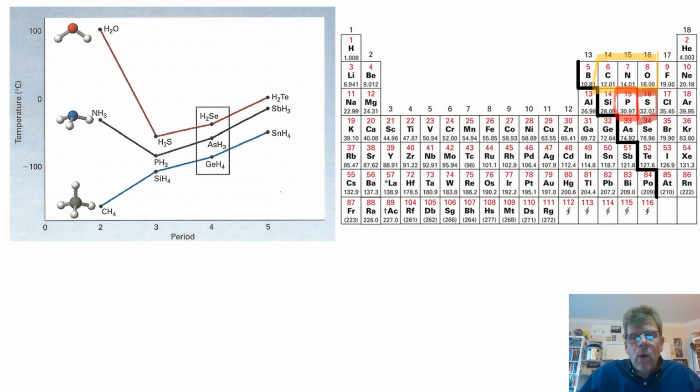When we started out with a molecule that can't hydrogen bond in the first place, carbon, look now at the periodic table on the right. What's right under carbon? Silicon, a much heavier element.